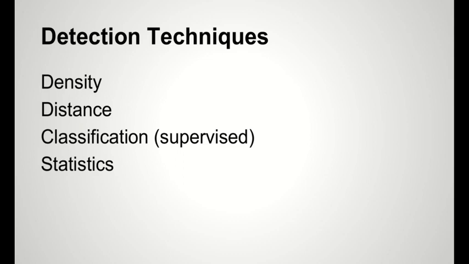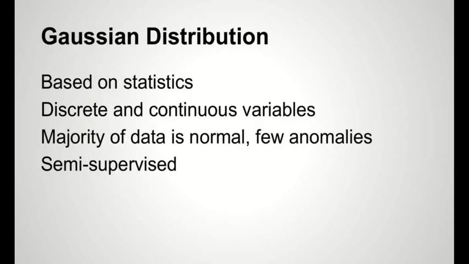The statistics method is based on the Gaussian distribution, and the variables we look at could be discrete, natural numbers 0, 1, 2, 3, or they could be continuous variables like 1, 1.5 and square root of 2 or pi or whatever.